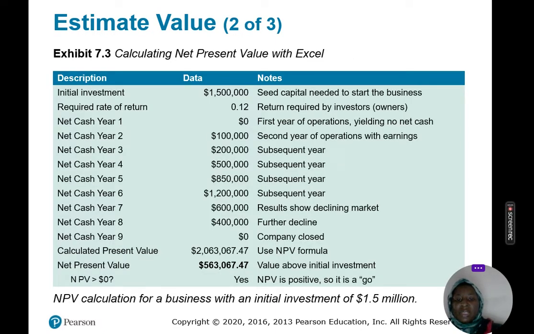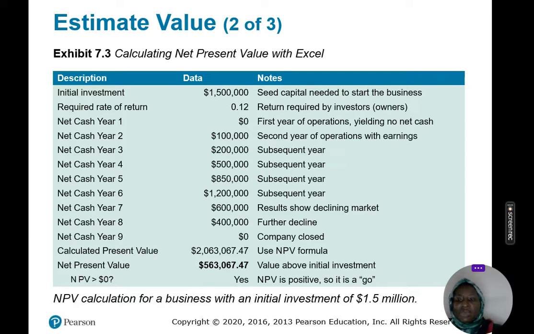So this is an example, an NPV calculation for an 8 to 9 year period, and the NPV is positive, so the business could be a go. You can take a look at this slide. I remember in our previous classes, in your year 2, we did NPV and how to calculate it. So taking a look at these slides, you'll be able to easily understand this.